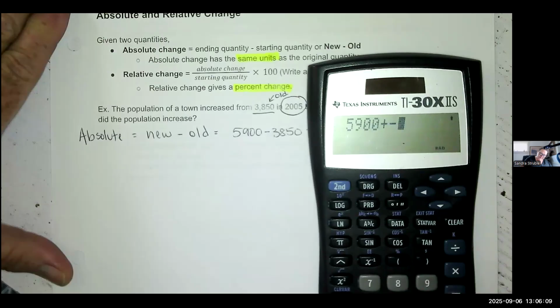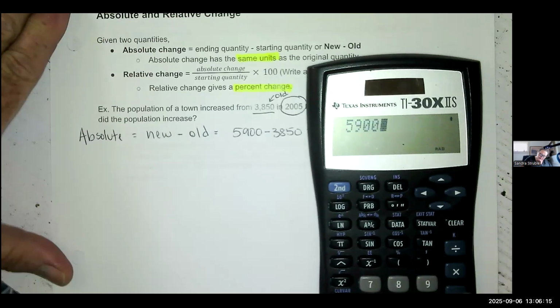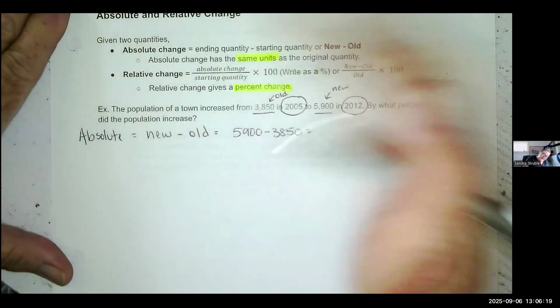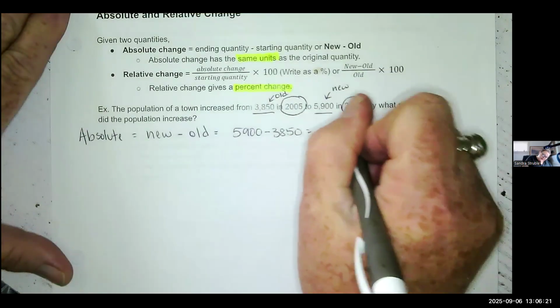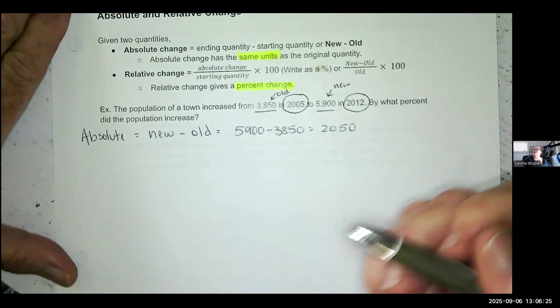Oh, of course it's an error. 5900 minus 3850, 2050. I could have done that myself. Again, say I'm answering this on an exam.